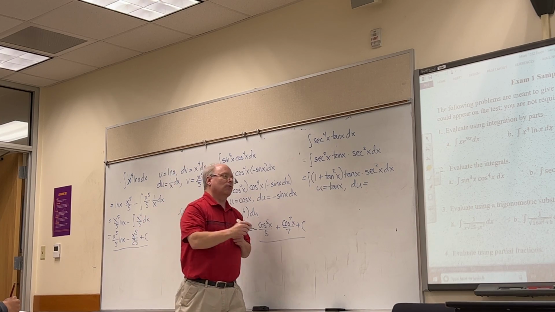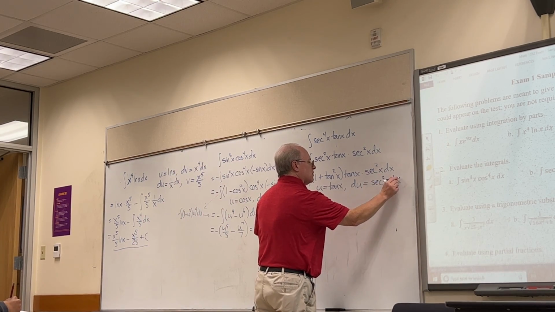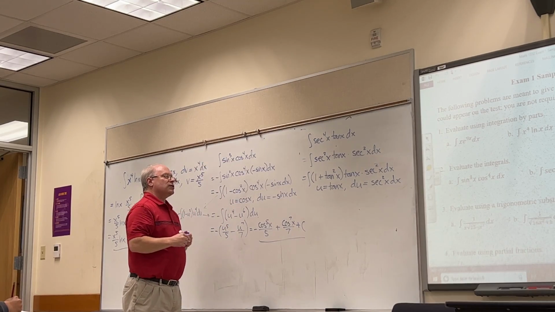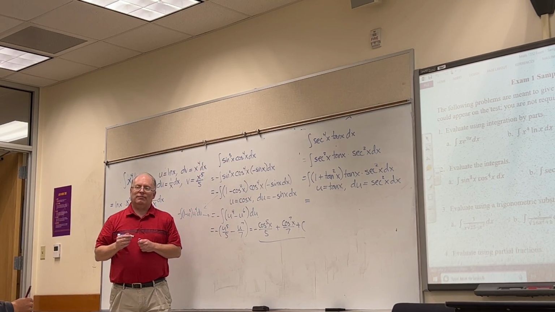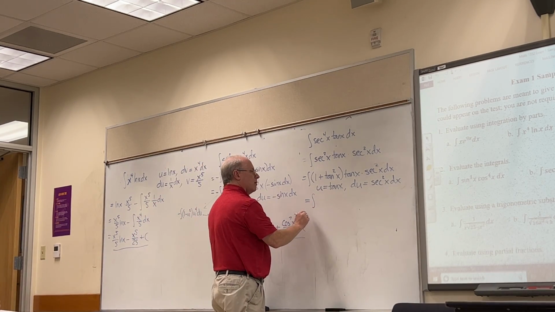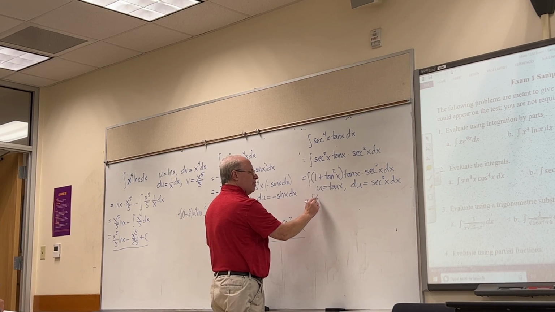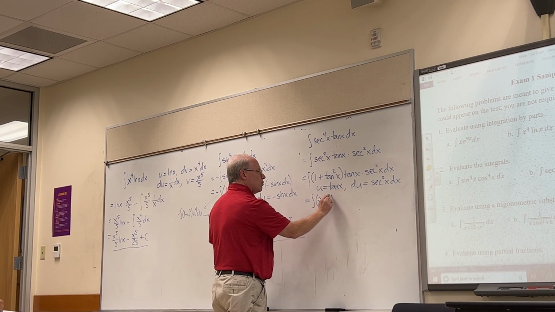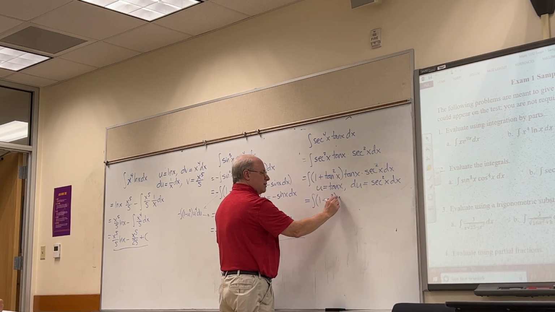Secant squared of x dx. So now what's this going to be when we write it in terms of u? It's u plus u squared... and of course, we're going to have 1 plus u squared times u.